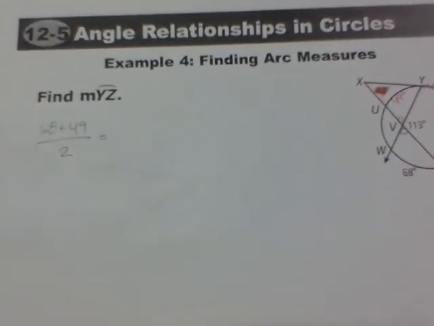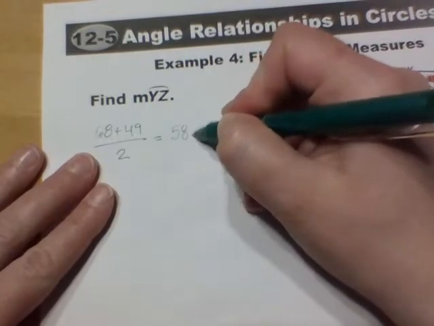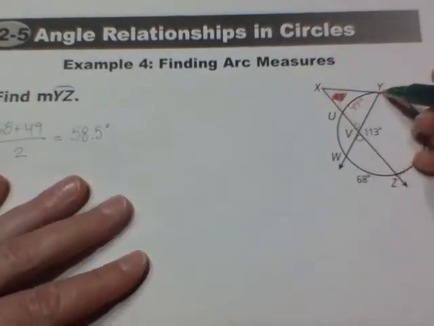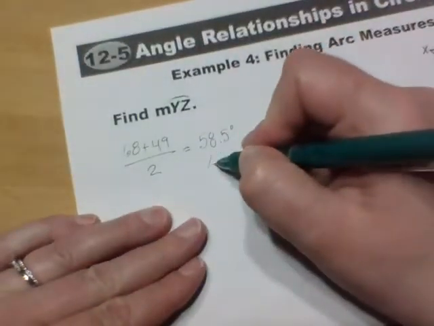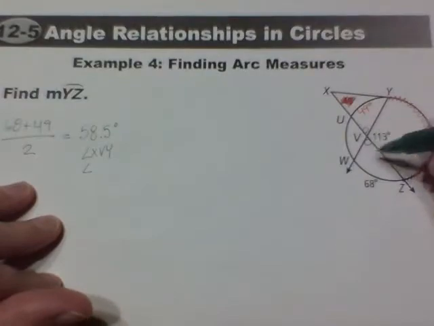So 68 plus 49 is 117. And then we divide by 2. So 58.5 degrees. So again, that's for x, v, y. And also at the same time, angle WVZ.